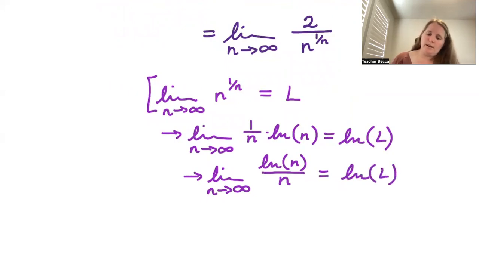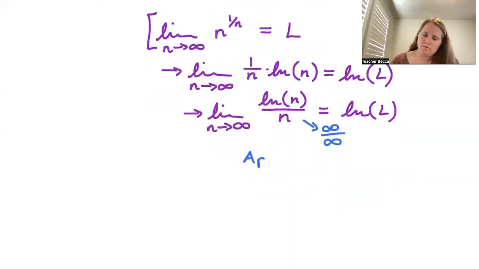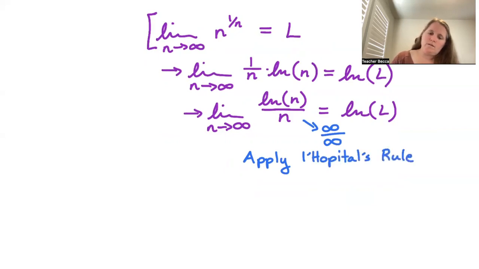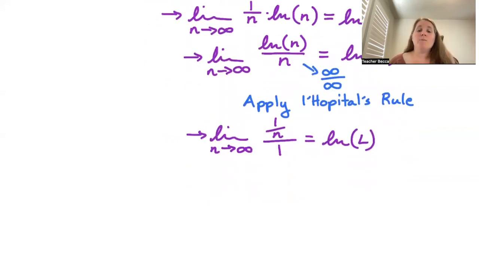Natural log of n over n is going to infinity over infinity. We can apply L'Hopital's rule. So we would have the limit as n goes to infinity of 1 over n over 1 is equal to our natural log of L. Limit as n goes to infinity of 1 over n is just 0.